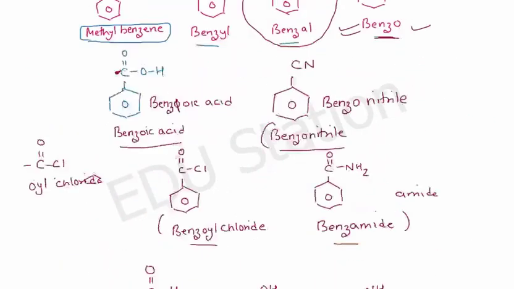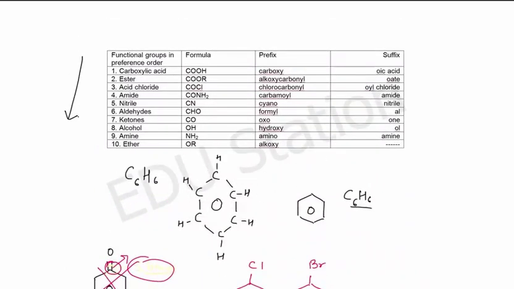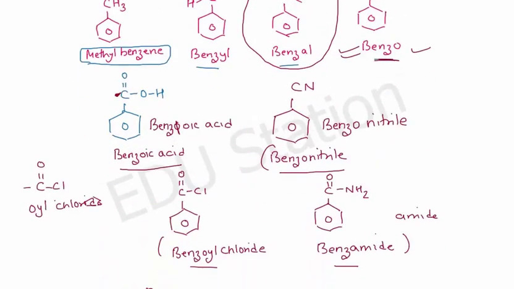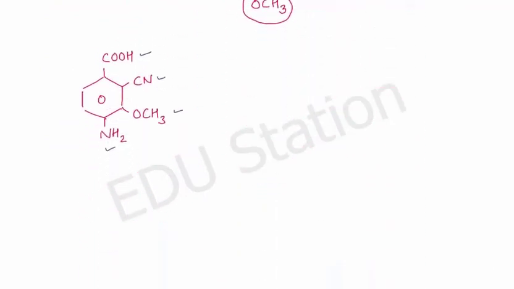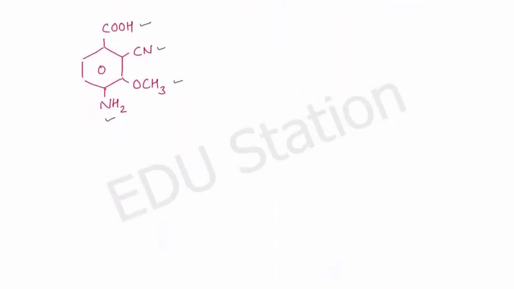This preference order has to be memorized. If you look at ethers, they are at the end, so they're normally not preferred. Acid is at the top. So in this case, we'll prefer the acid. So the end of the name is going to be benzoic acid.